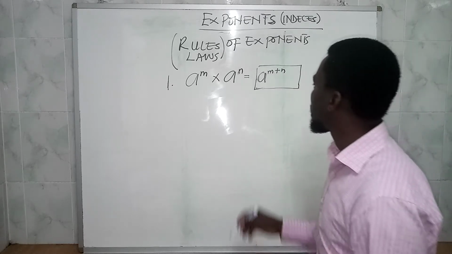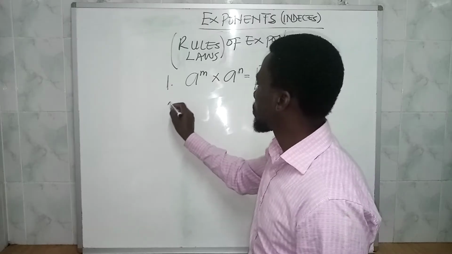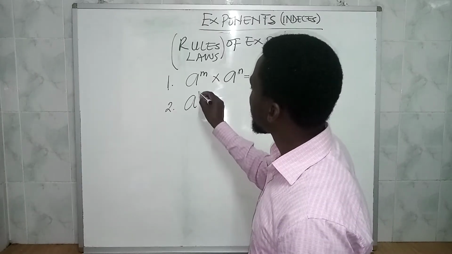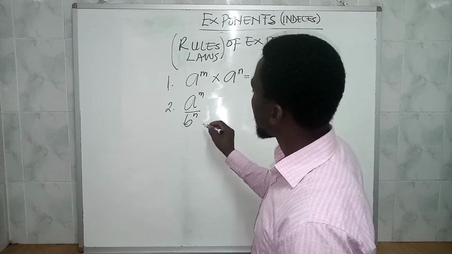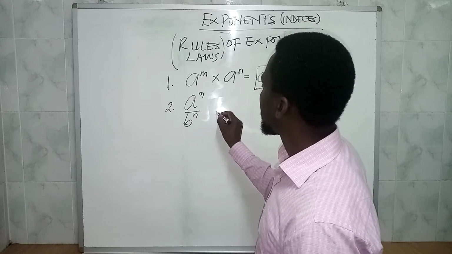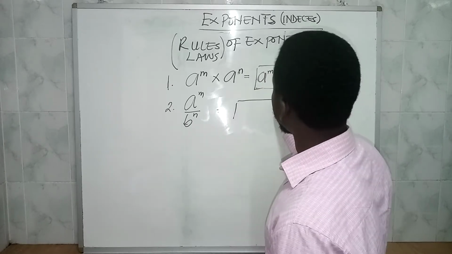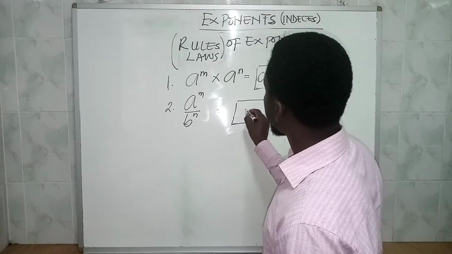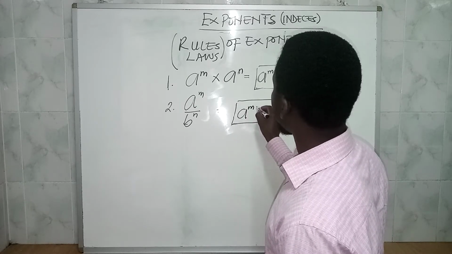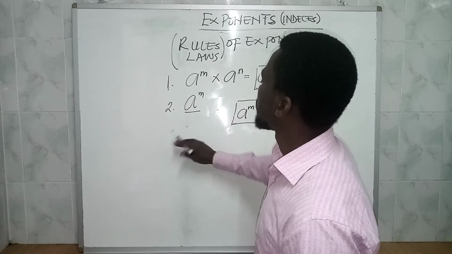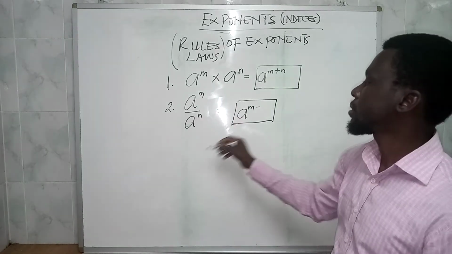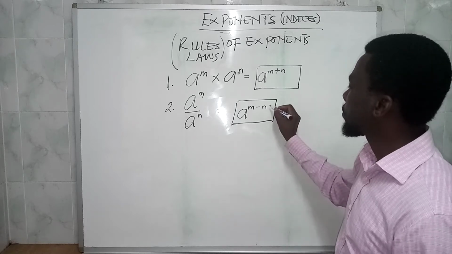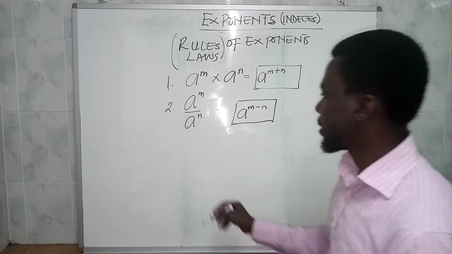We shall explain that. Then number 2, if we have a raised to the power m over a raised to the power n, the answer is equal to a raised to the power m minus n.